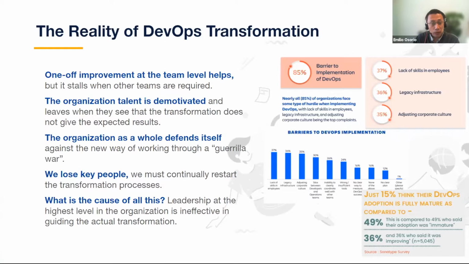And people get frustrated when you get a development team initiated on DevOps practices and you train them and you promise that things are going to be faster and better, but you keep getting political fights or just not prioritizing the refactoring work that needs to be done in order to enable the transformation. The talent gets demotivated and they move on. Essentially, they move to another place, and we need to start the transformation again. So losing those key people is something that we are seeing a lot in the market.